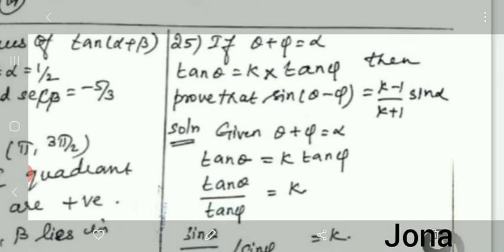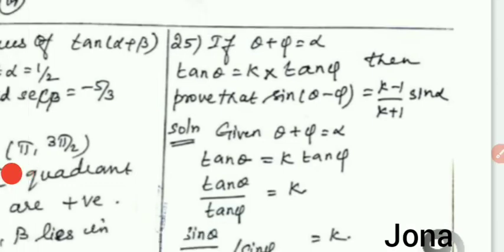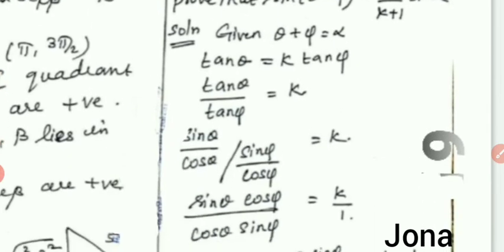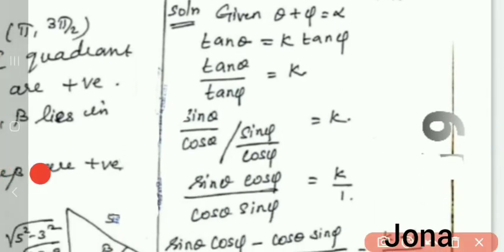Okay, so the first thing is given theta plus phi equal to alpha. So take this theta plus phi equal to alpha, and tan theta equal to k into tan phi is also given. So from this I want to take the value of k. So k equal to, take this to the denominator, it will be tan theta by tan phi equal to k.